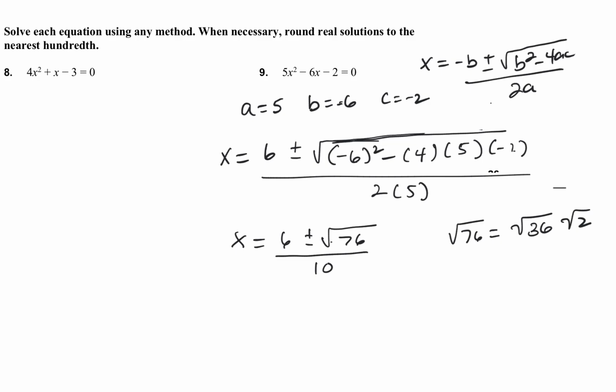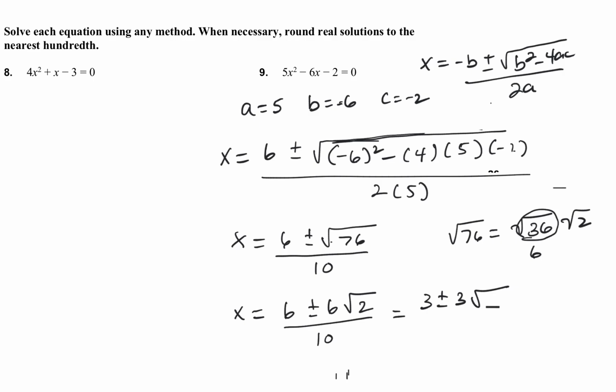So square root of 36 is 6. So this can be simplified as 6 plus or minus 6 square root of 2, since the square root of 36 is 6, divided by 10. 6 and 10 have 2 in common, so this will be 3 plus or minus 3 square root of 2 over 5. So my two answers are 3 plus 3 square root of 2 over 5, and 3 minus 3 square root of 2 over 5.